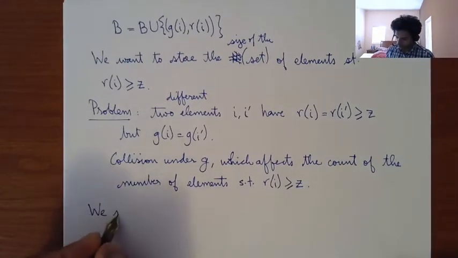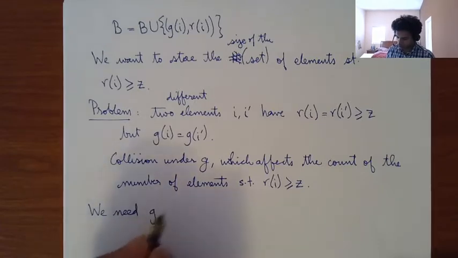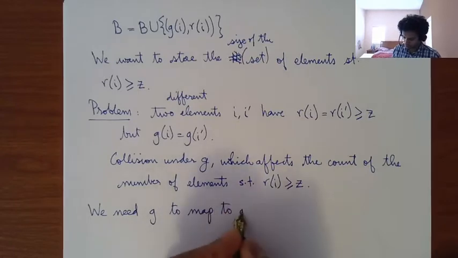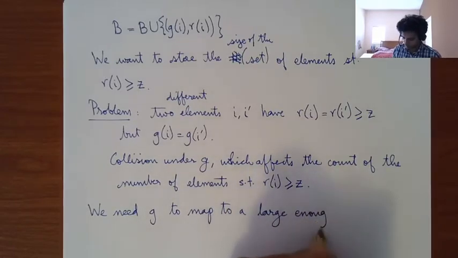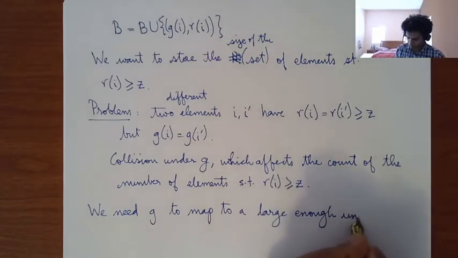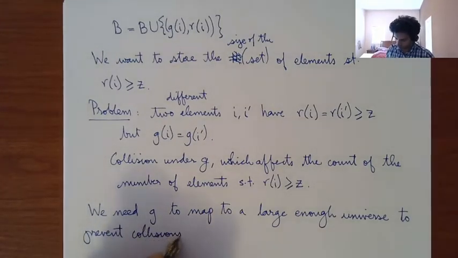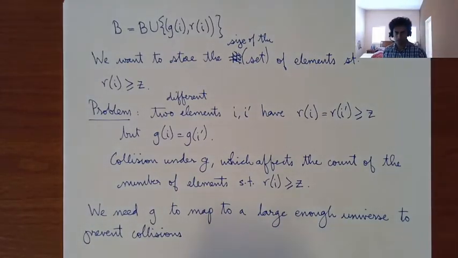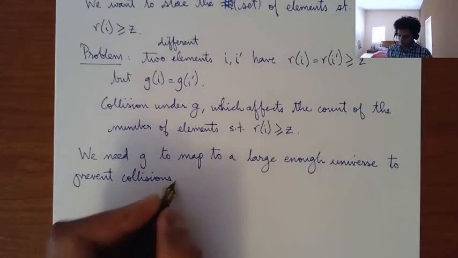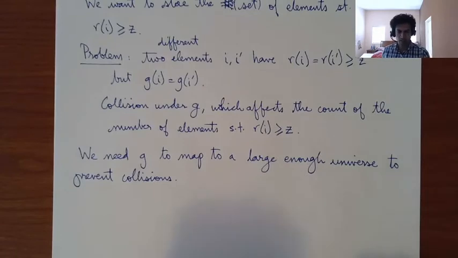So we need G to map to a large enough universe to prevent collisions. How large does that universe need to be?